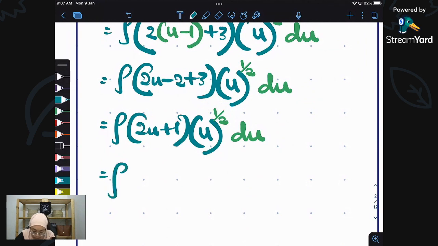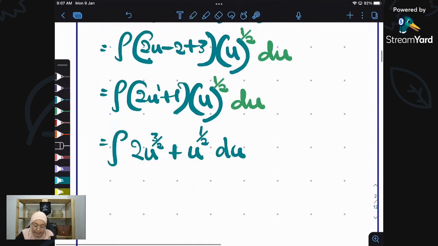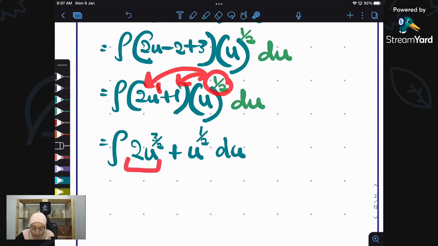The answer will be 2u to the power of 3 over 2 plus u to the power of 1 over 2 du. What I did here is just by using the rule of indices, which you already know. So I expand this and I will get 2 terms instead. I will get a very clear 2 terms and then you know how to integrate it already.